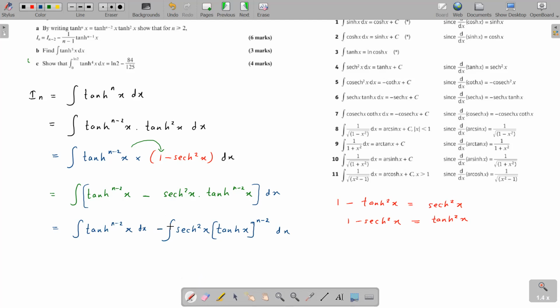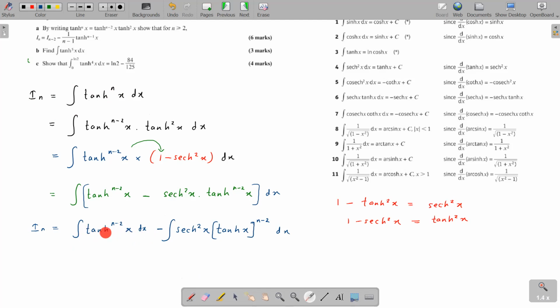Are you with me? So now look at what I have created. We all know In is equal to the integral of tan to the power n, right? So what do I have here? Integration of tan to the power n minus 2. Do you see it looks very similar? The integral sign In is defined for tan to the power n x. So now what do I have here? Tan to the power n minus 2. So then what do you think? Who is this?